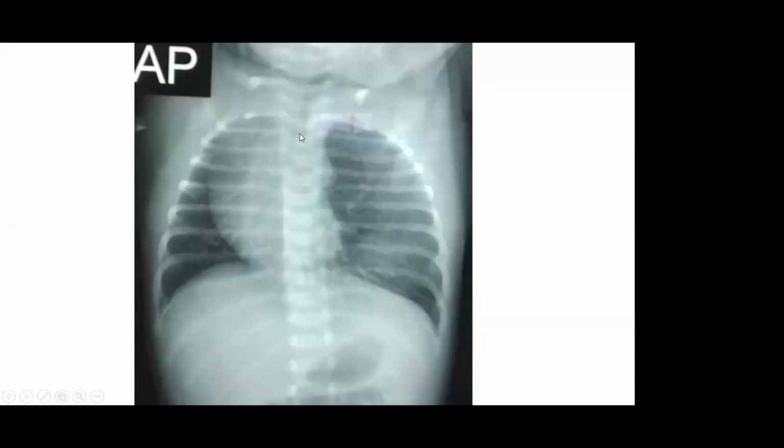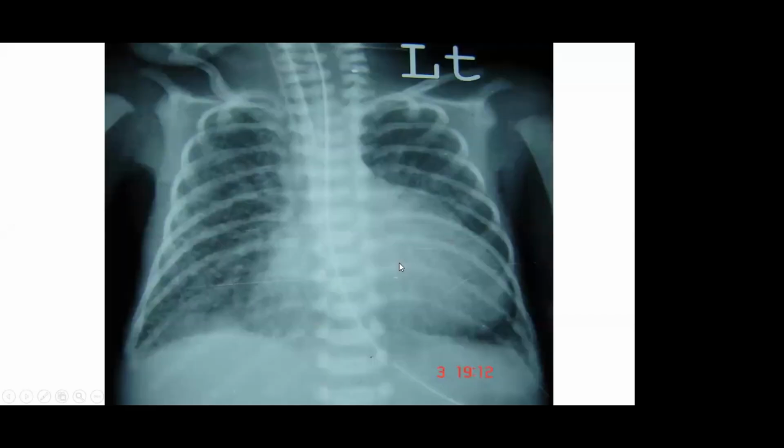The ribs are pretty equally spaced. So this is an X-ray of CLE which has pushed the mediastinum towards the right side. This is an example of how a reticulogranular pattern looks, which is obscuring the cardiac silhouette. Many times it is called the silhouette sign also.